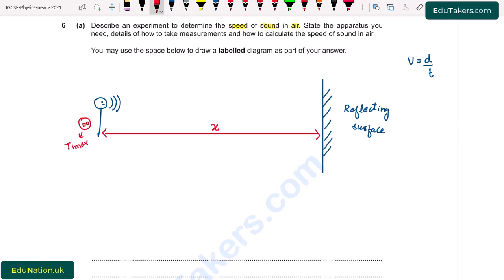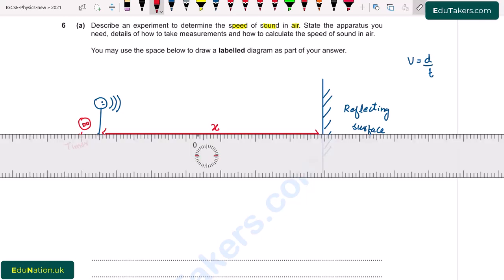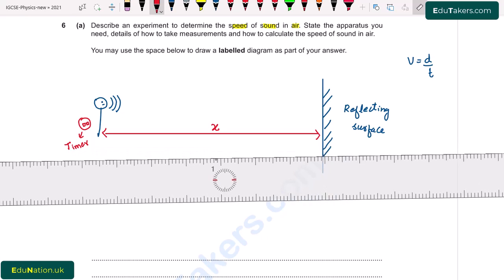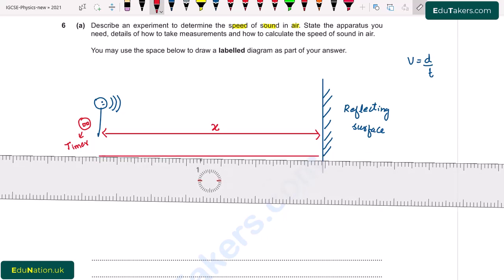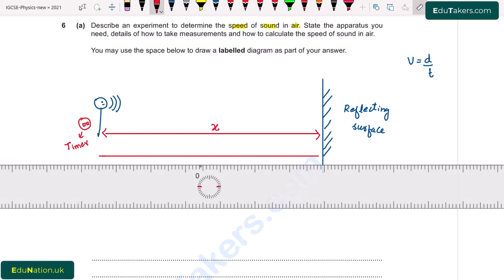And there is also a ruler that is used to measure the length. So I place it here. It's a ruler or tape that is used to measure length, and it is also calibrated, so we can easily find out the distance between the observer and the surface.